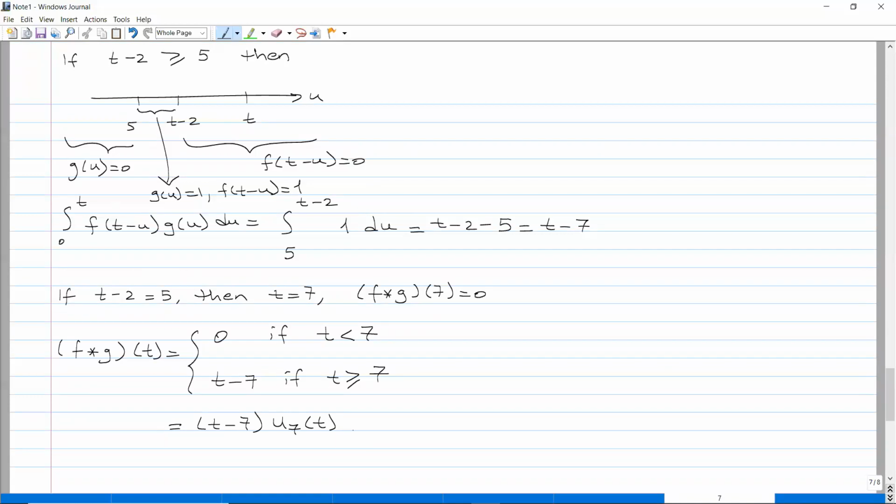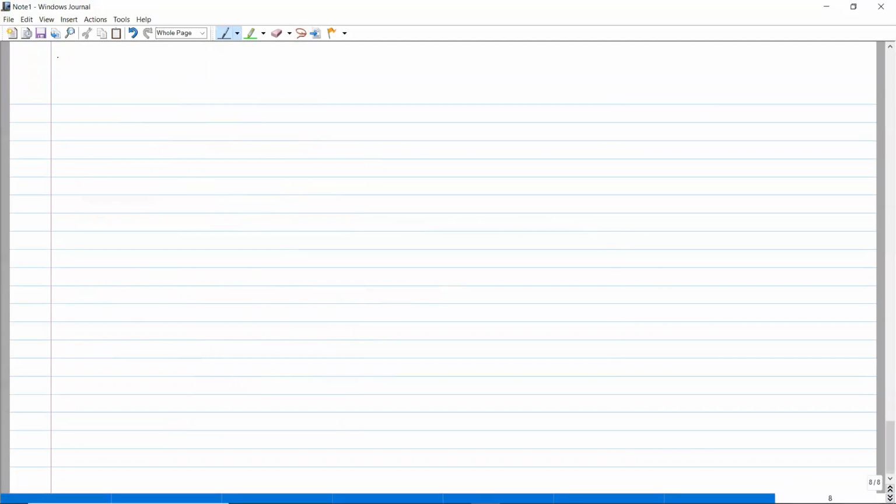Now, the main thing, why do we consider this convolution thing? The main thing about the convolution is the theorem that when you take the Laplace transform of f convolution g, it is the Laplace transform of f times the Laplace transform of g.